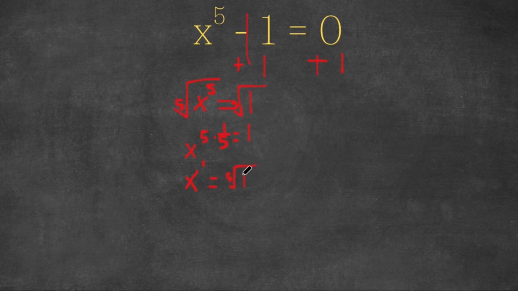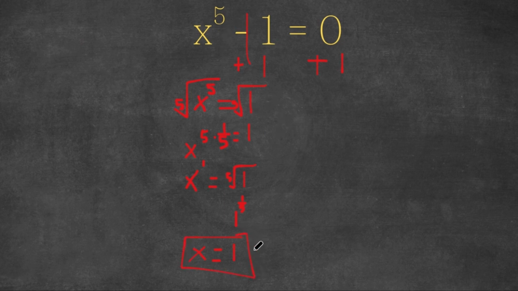Well, 1 to the root of 5, this is the same thing as 1 to the power of 1/5. And 1 to the power of anything is simply 1 because that's just how it is. So this is 1. And x to the power of 1 is x. So x equals 1. And this is our answer.